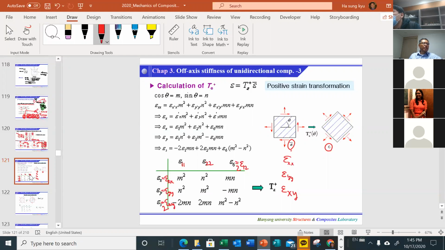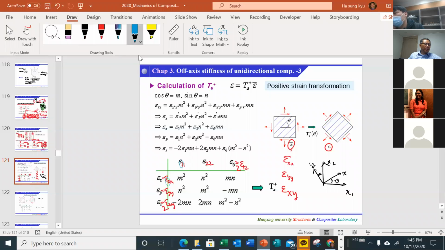This is the very easy way to derive a relation between these two strain components. This is x, force index, this is the 1. What is the angle? I will redraw the coordinate system here. This is the x1 and x2, and this is the x and y, and this is the theta.